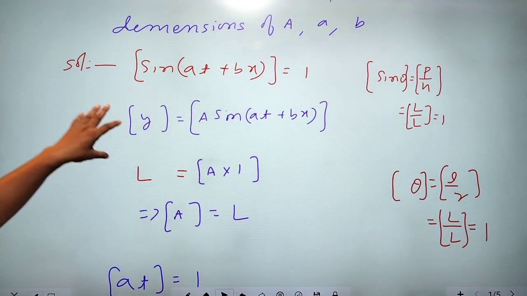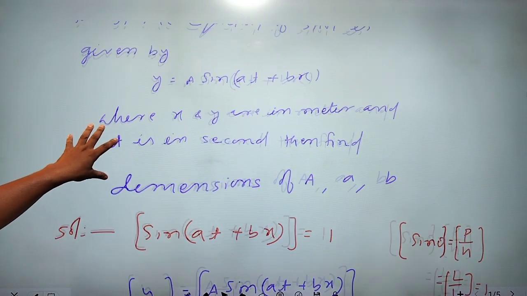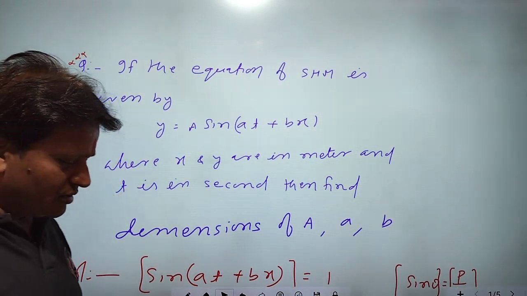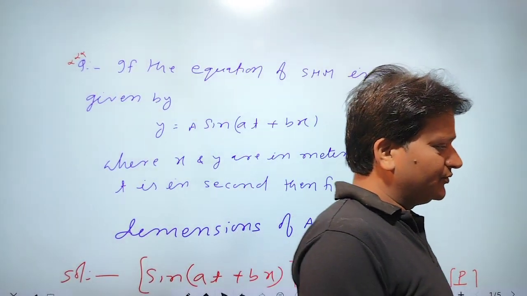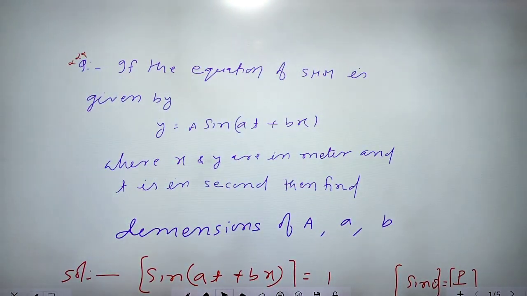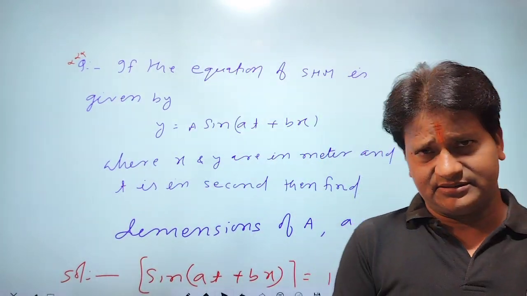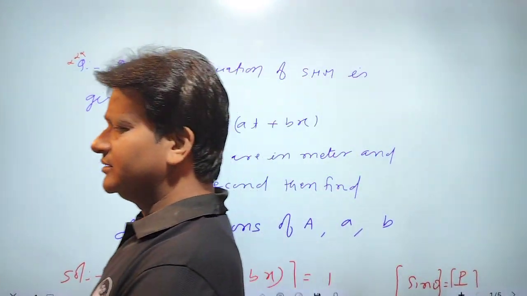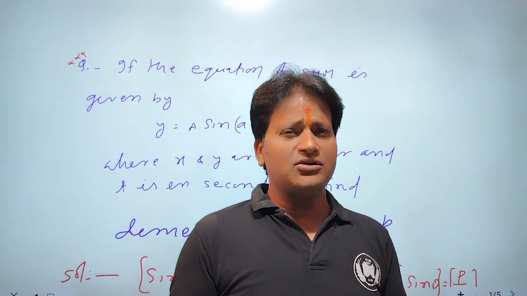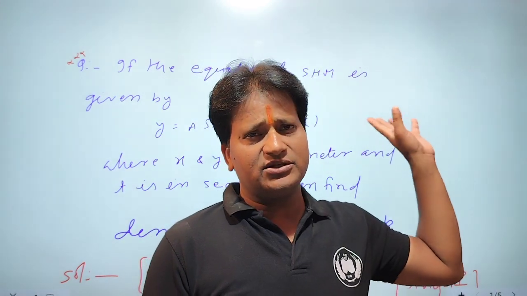We know that according to third use of dimension, if a formula or equation is dimensionally correct, then we can find the dimension of unknown quantities present in the equation or formula.